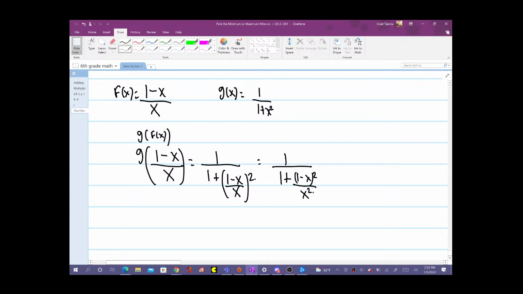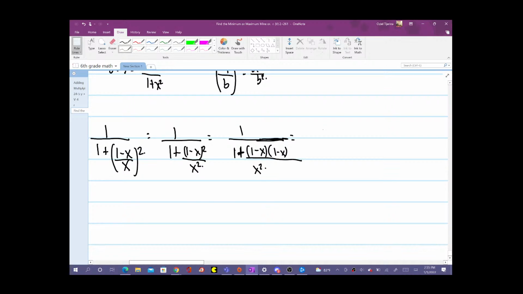Actually, it's like this. So then this becomes equal to 1 over x squared over x squared plus (1 minus x) squared over x squared.